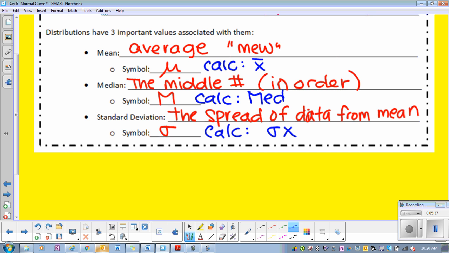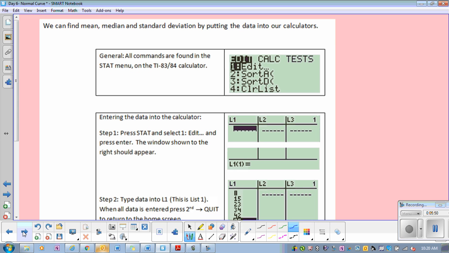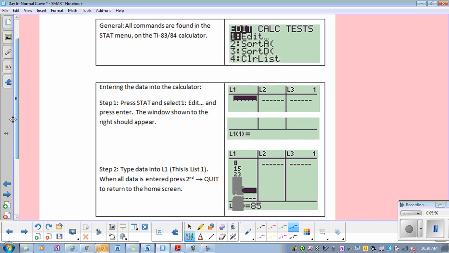I'll show you how to get all of these straight from your calculator. Isn't this so great? I gave you guys all of the instructions with pictures. All of your commands for this are found in the stat menu, just like we did with the regression, the best fit.